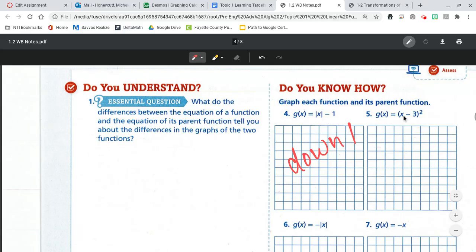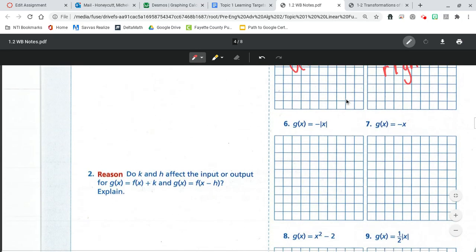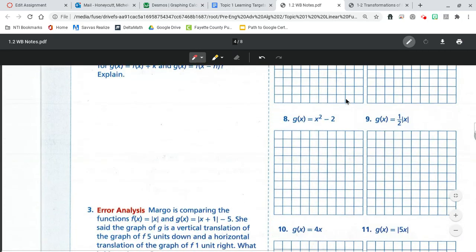In number 5, the parent function would be x squared because there's a square here. But then there's also a minus 3 inside parentheses, so that tells me there's a shift to the right 3 units.